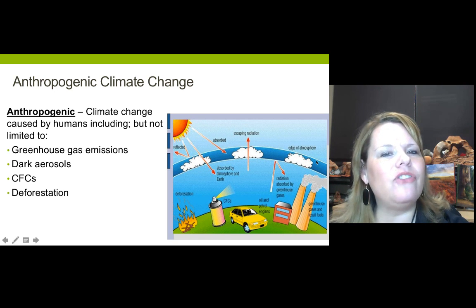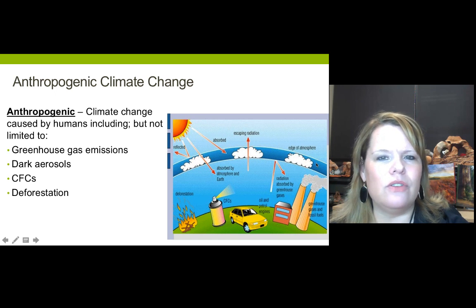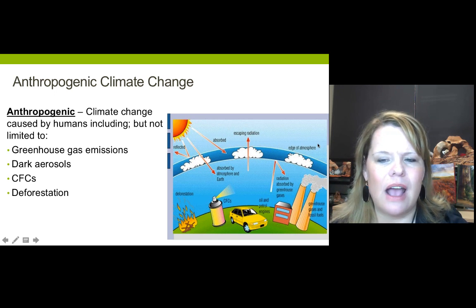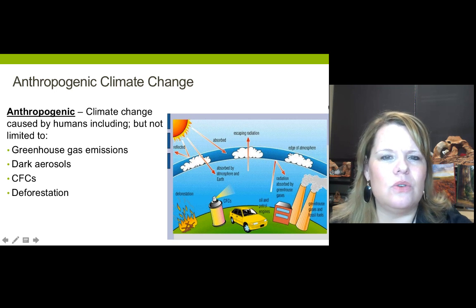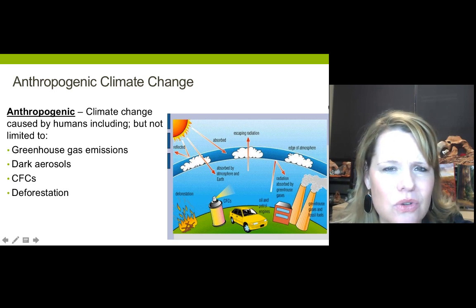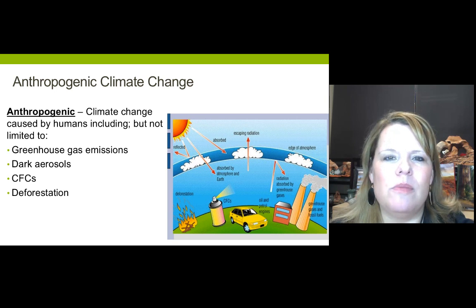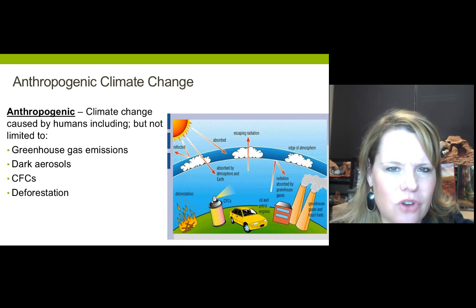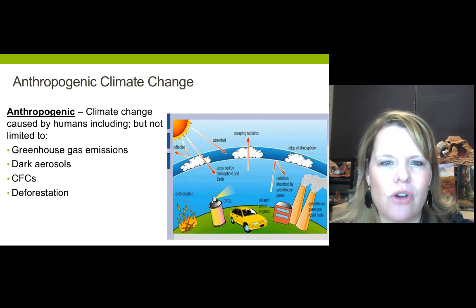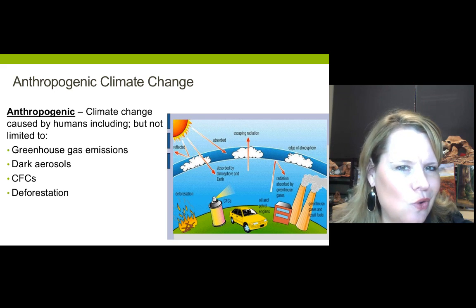Let's say we have dark aerosols, those are going to absorb heat, the same thing's going to happen. Deforestation is going to cause less heat to be absorbed at the surface, because remember, more forest, darker surfaces, darker albedo absorbs energy. So you might have more reflected back to space, so that could cause a cooling.